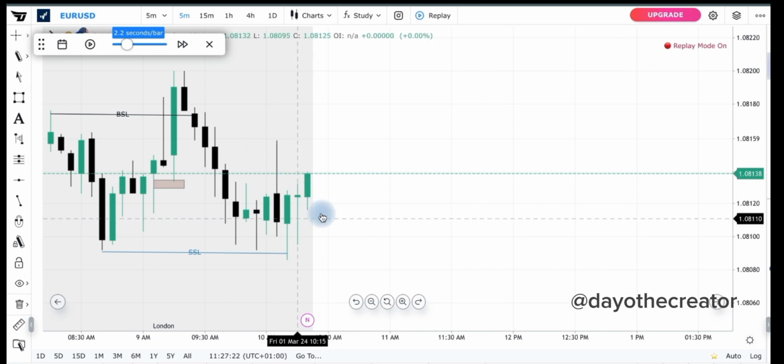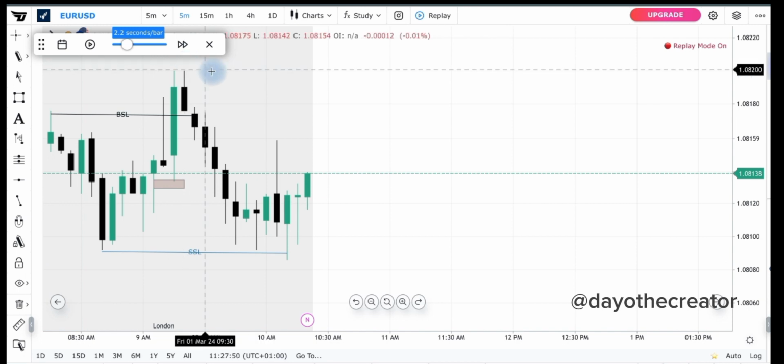For situations like this, I would really advise you to wait for a confirmation. Probably if you go to the 1 minute or 3 minutes, you can look for a fair value gap or order block over here, and set your stop loss at the previous high, so that you can target the previous liquidity at the top.